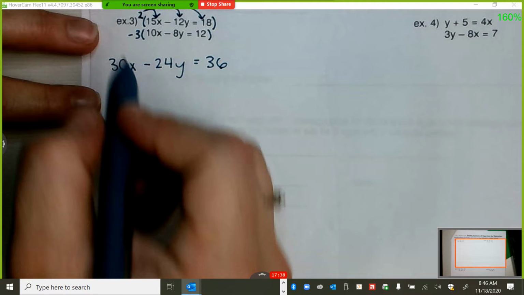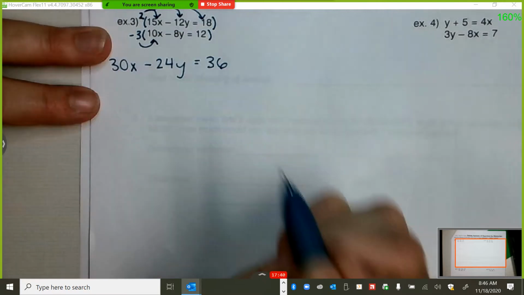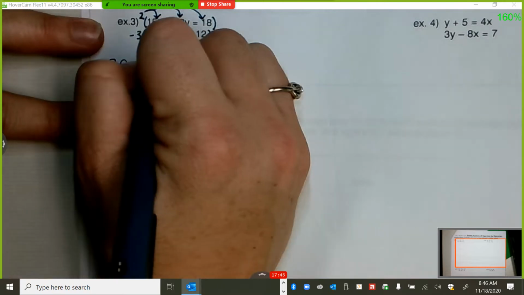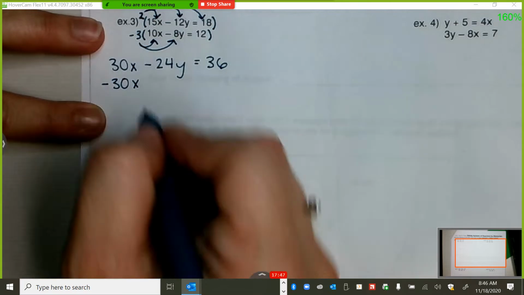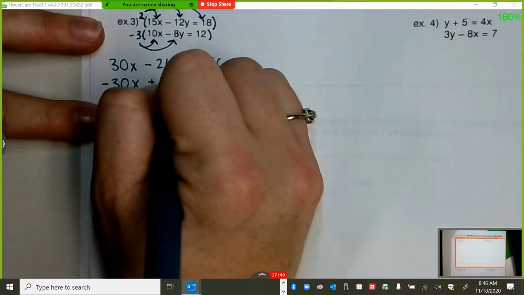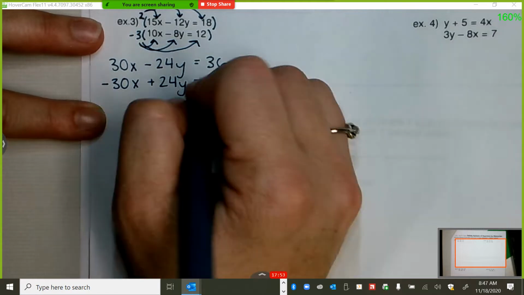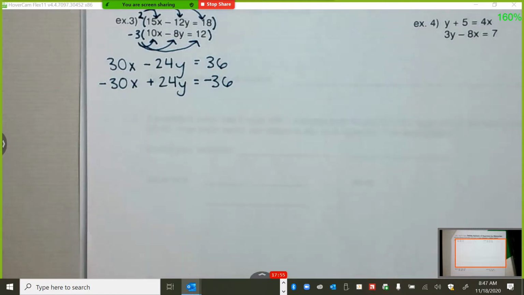Okay, -3 times 10x is what? -3 times -8y, positive 24y. And -3 times 12 is -36.